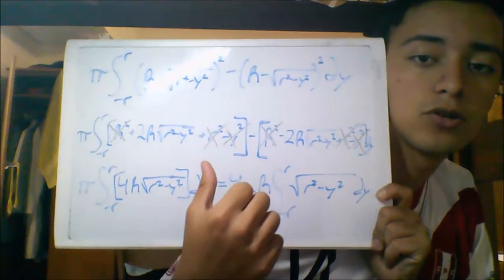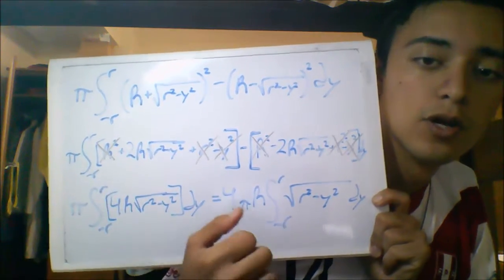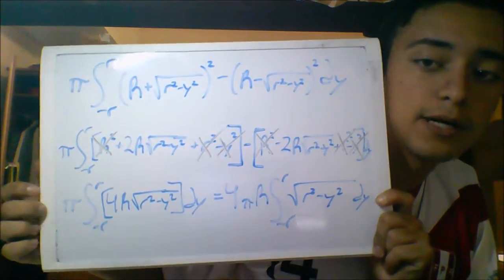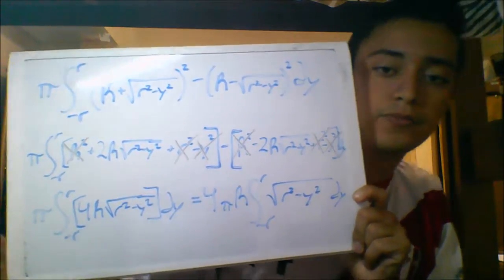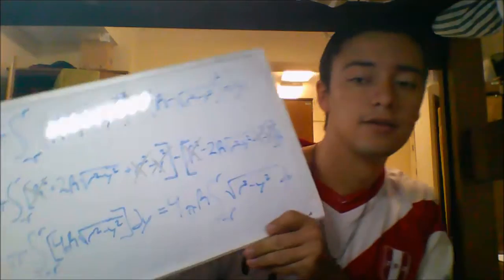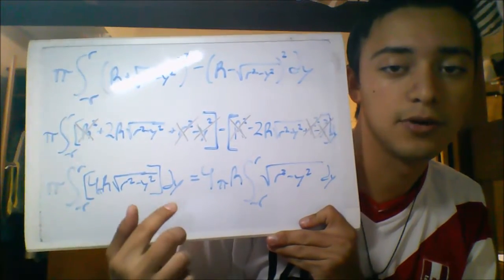We can cancel out r squared, x squared, and outer radius squared. Then we end up with pi times the integral from negative r to r of 4 pi r times the radical of r squared minus y squared dy.